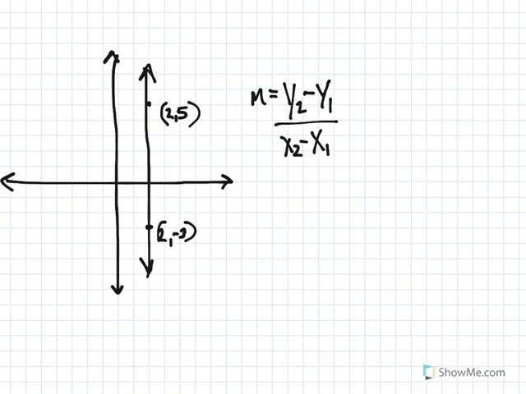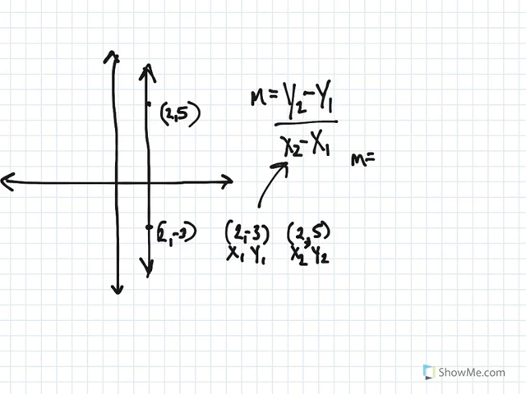So remember, before we plug our coordinates into the equation, we always want to rewrite them over here, organize our brains. And we have x1, y1, x2, y2. Okay, so we're plugging them into the equation now.